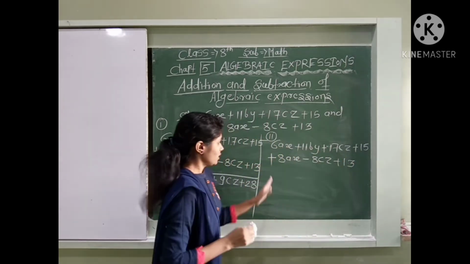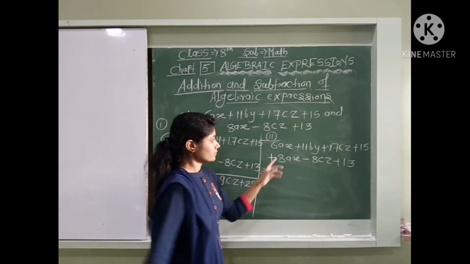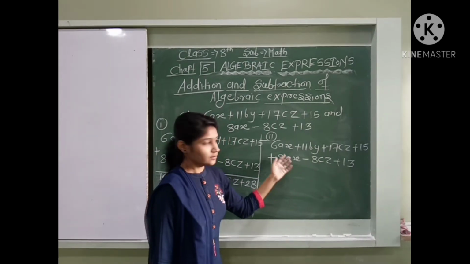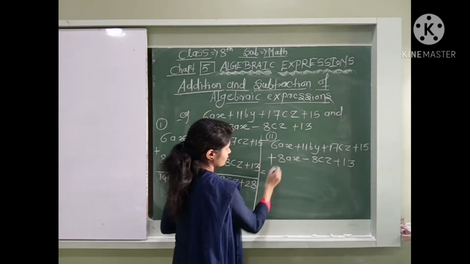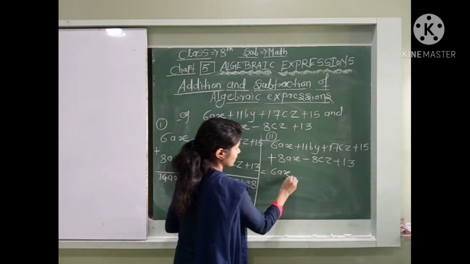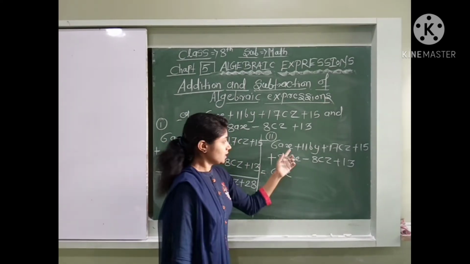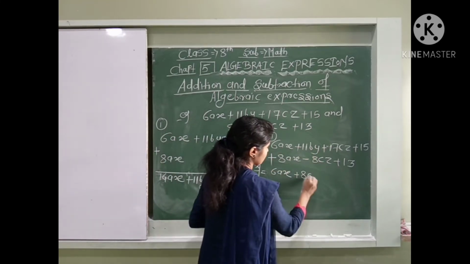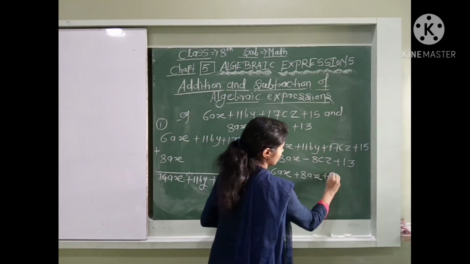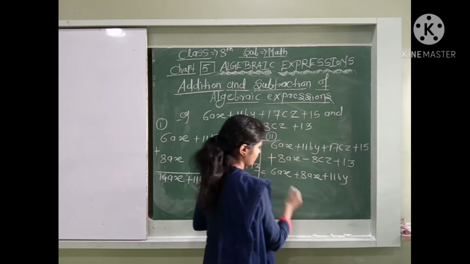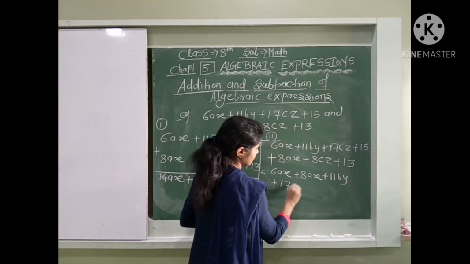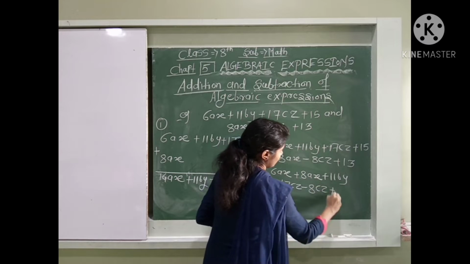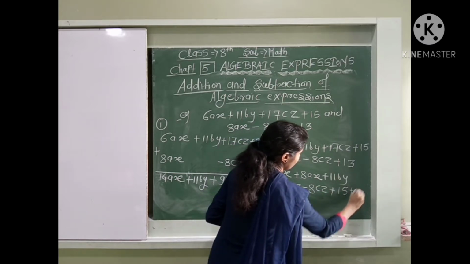Now separate the like terms. Bring like terms together: 6ax plus 8ax. 11by has no like term, so write it as it is. Then 17cz, whose like term is minus 8cz. And the last is the constants, 15 plus 30.